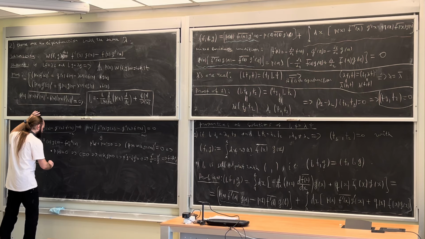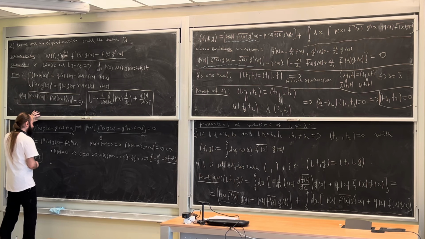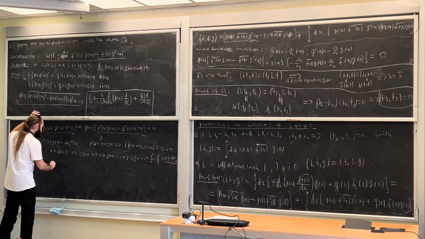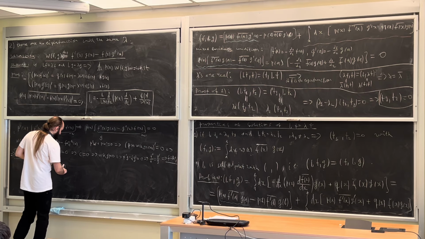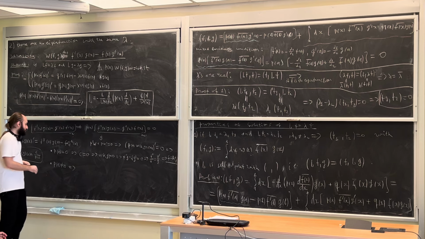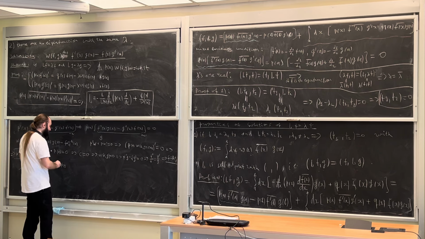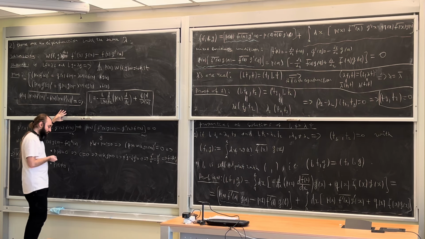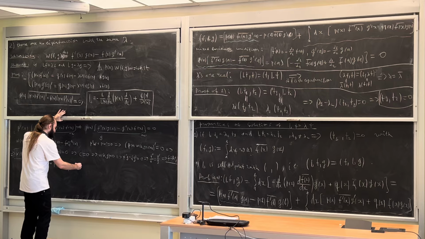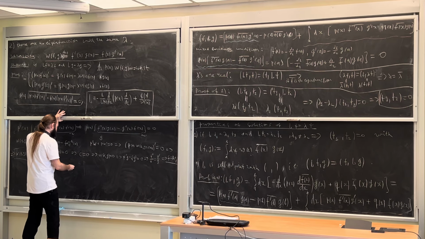Now let's go to the second case, when p of a is different from 0. We know that in this case these functions should satisfy some mixed boundary conditions. So it's the most general setting.